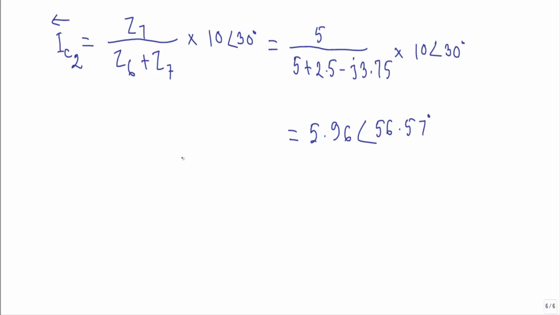So in the circuit, IC1 was flowing from left to right, and IC2 is flowing from right to left, and the value of IC1 was greater than IC2. So if I subtract IC2 from IC1, I will get our current through the minus J5 ohm capacitive reactance.